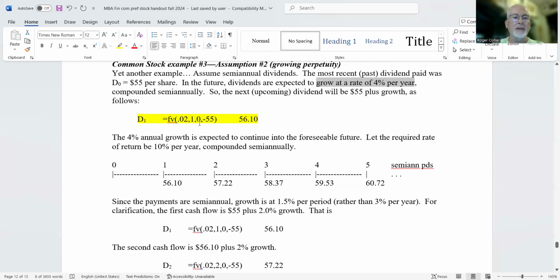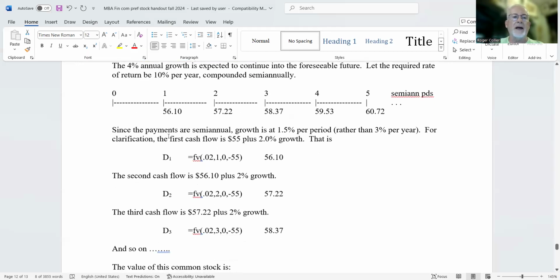It's not an annuity, so we just put in 0 for the payment, 55 for the present value, calculate it, and I get 5610. What I want in the formula is not 55, the previous one, but 5610, the upcoming one. And to turn one into the other is just a one period future value calculation.